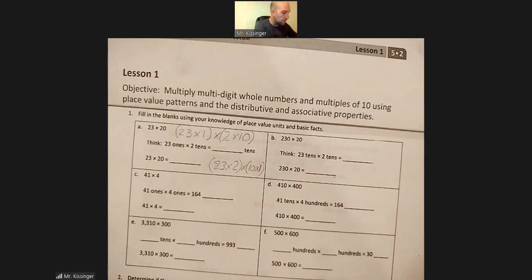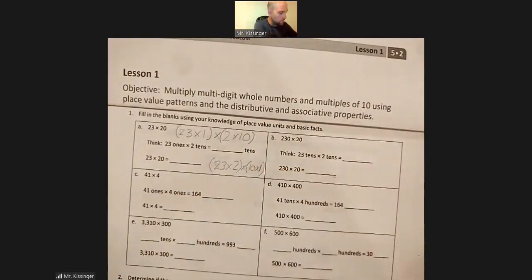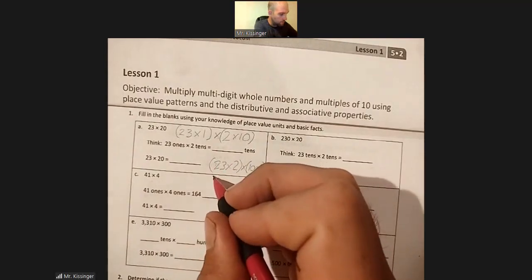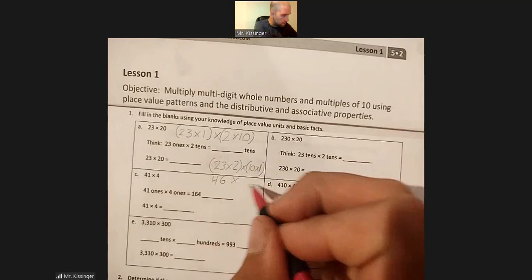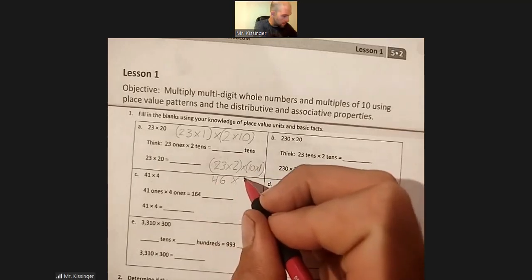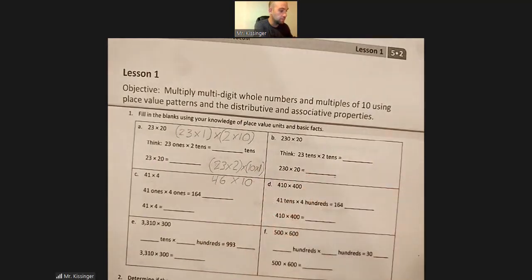So 23 times 2, we will get 46, times 10 times 1, which is just 10.